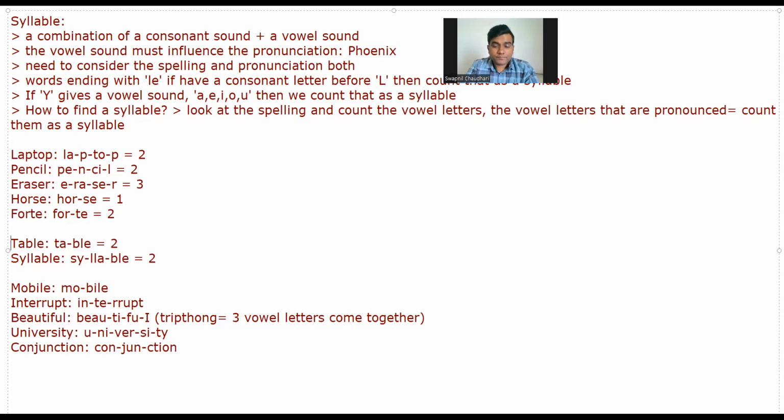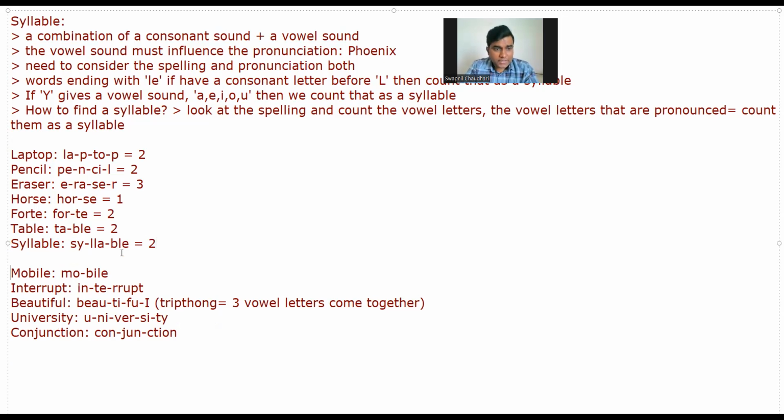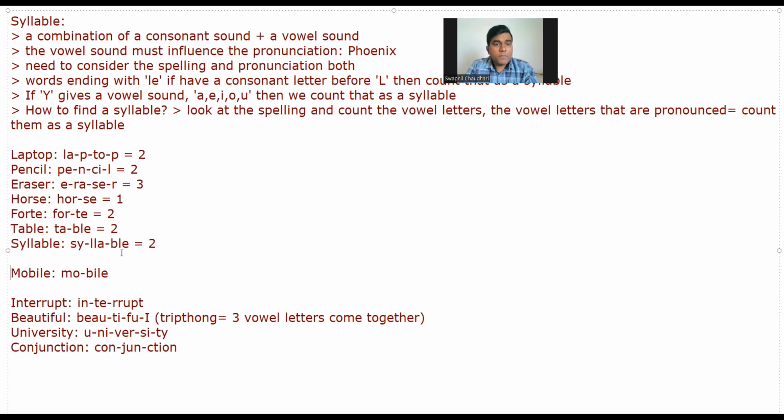Okay, people? I hope that this concept is clear. What about this? Mobile. Okay, so that's how we pronounce it, right? Mobile, correct? So we first pronounce mo and then we pronounce bile.